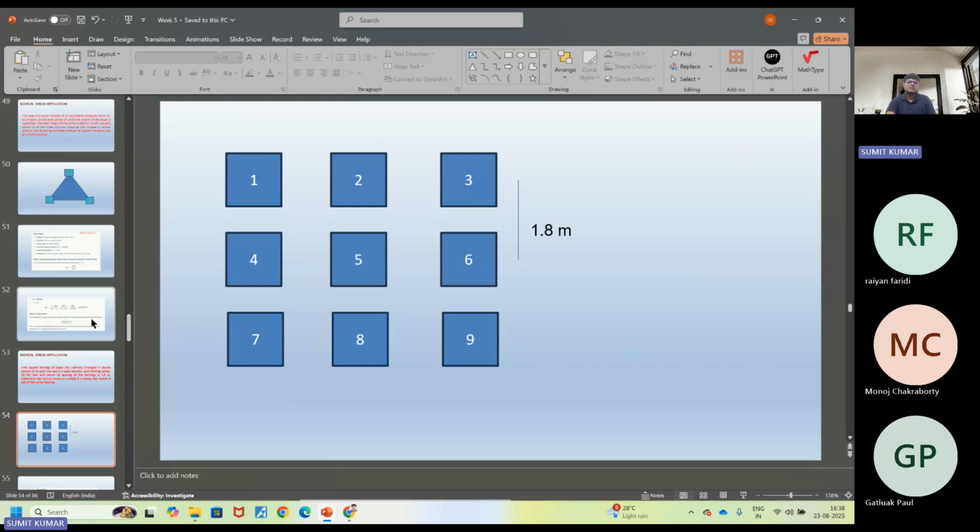Because the distance for column 3 from column 7, if we are calculating from column 7, it is 1.8 plus 1.8, that is 3.6, and it is 1.8 plus 1.8, 3.6. So 3.6 square plus 3.6 square is going to be the R value for 3. So R value from 1 is going to be 3.6 itself.